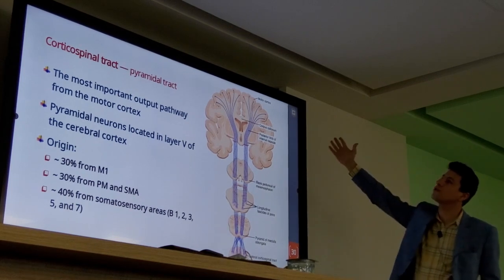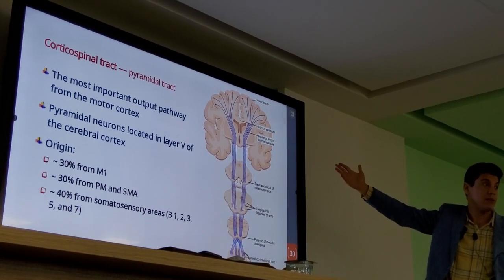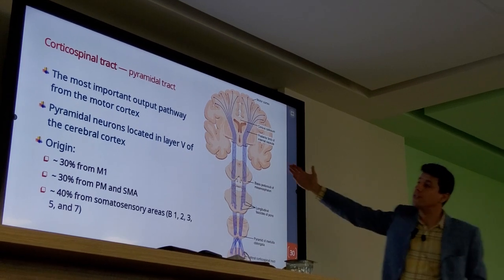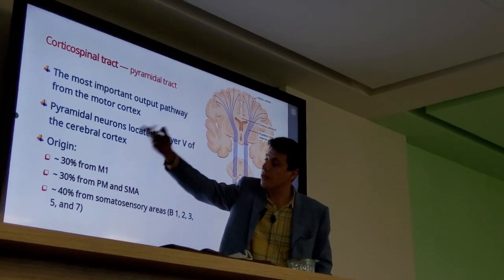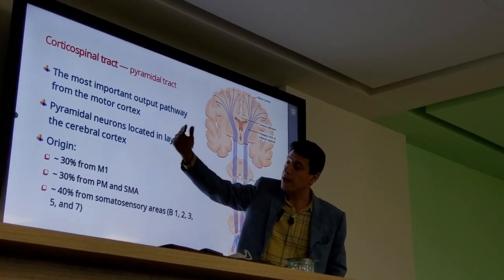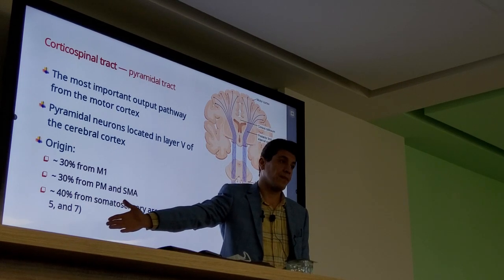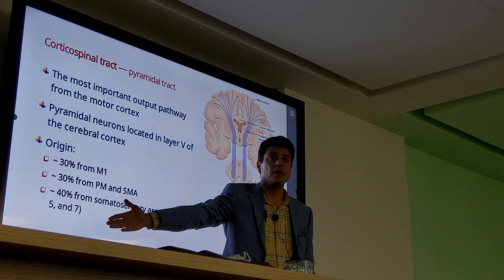So the connection of the motor cortex with the body is by way of the corticospinal tract. You know this, right? It originates from primary motor cortex, premotor cortex, supplementary motor area, and also from the somatosensory cortex. So this is very important to know.